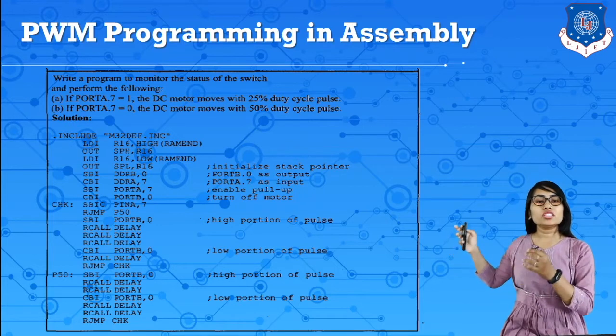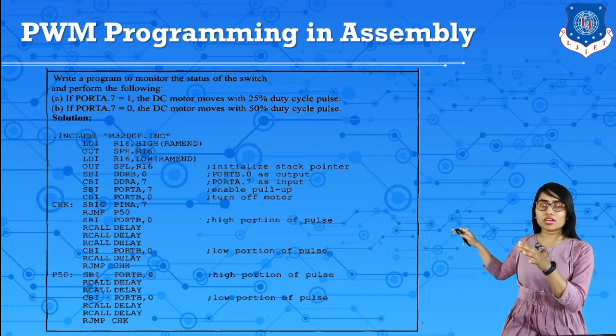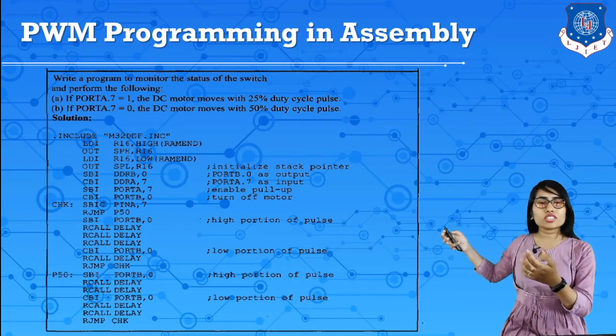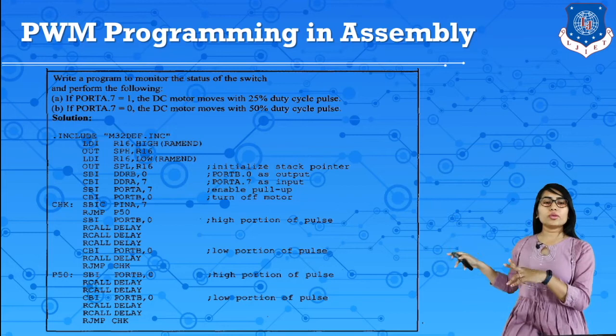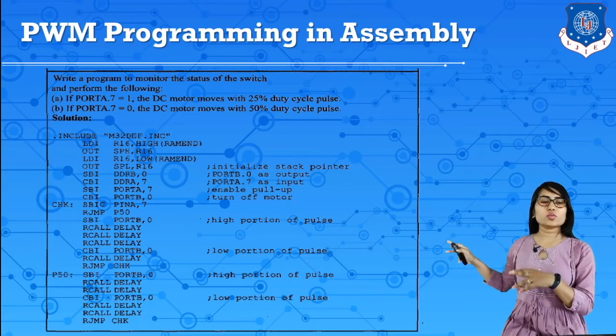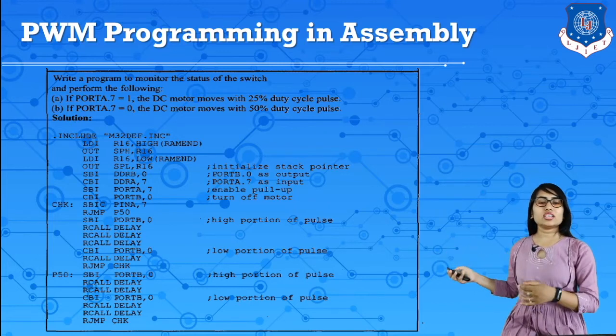But if PINA.7 is equal to 0, it executes the next line, that is RJMP P50. So it goes to the P50 location and SBI PORTB.0. It makes PB0 high, then calls delay, and then clears the value.